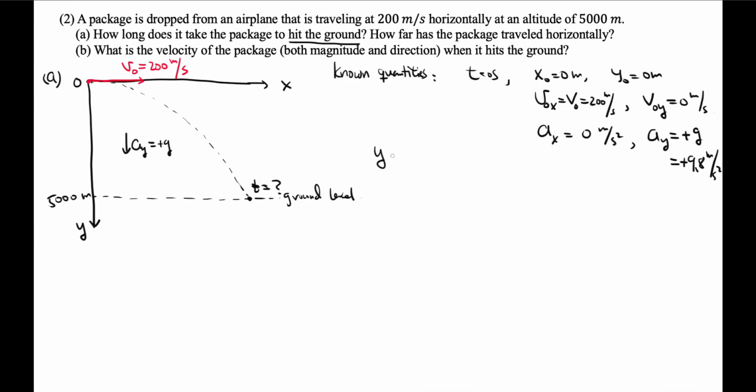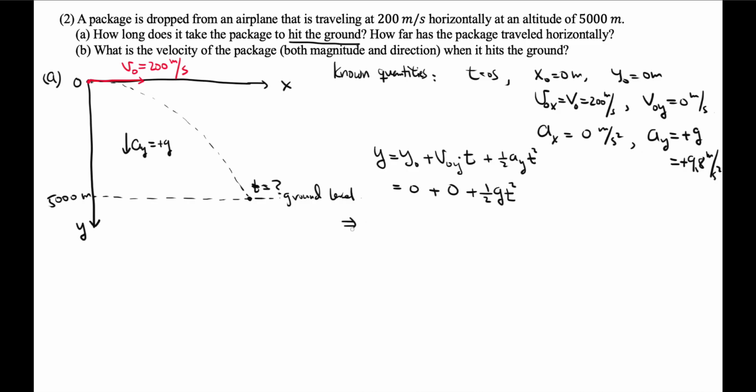So y equals y naught plus v naught y times t plus 1/2 ay t squared. Okay, but we can see that y naught equals 0, v naught y equals 0, so there are no contributions from the first two terms. The only contribution here is from the third term.